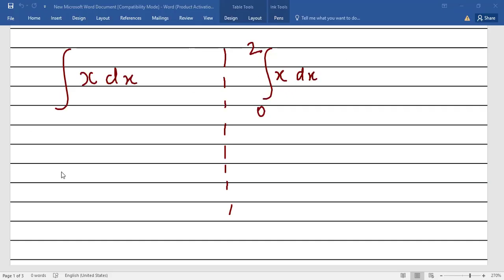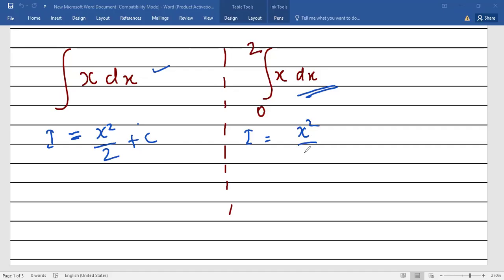Now for indefinite integration, we know that we can write x square over 2 plus c. This is the integration for this function without any limit. But for the definite one, our final value depends on one more step.